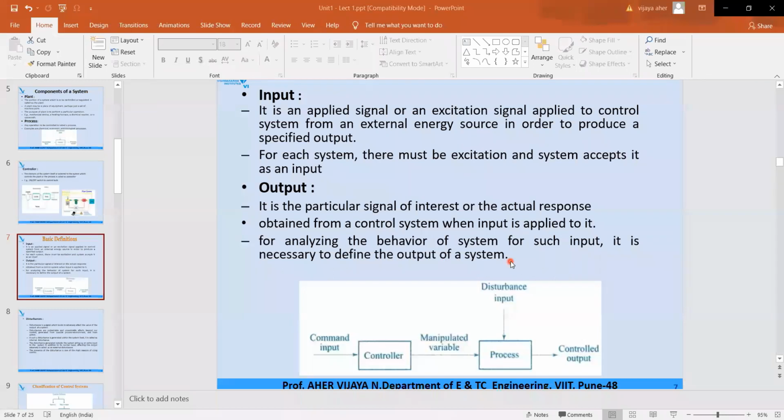There are two types of modeling of systems available. The first one is deterministic modeling, the second one is behavioral modeling. In order to analyze the behavior of your system, behavior means how your system is responding to the applied input.